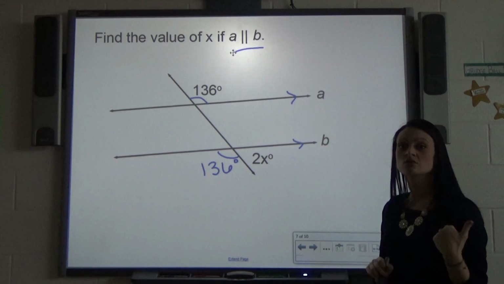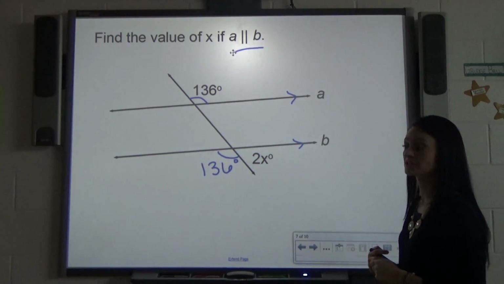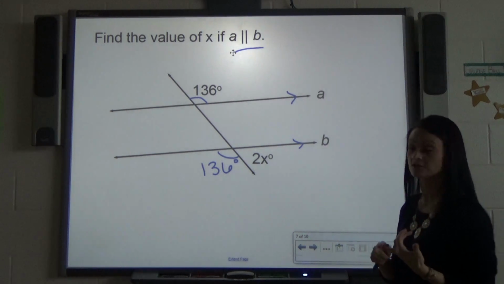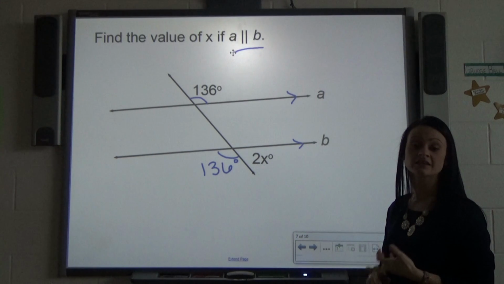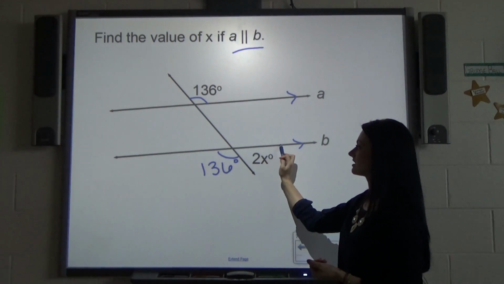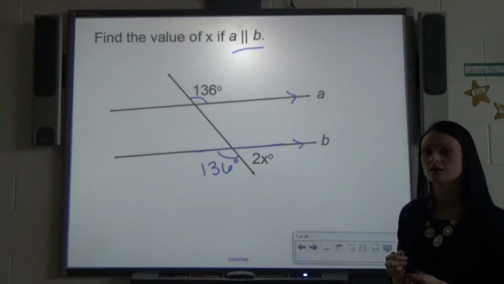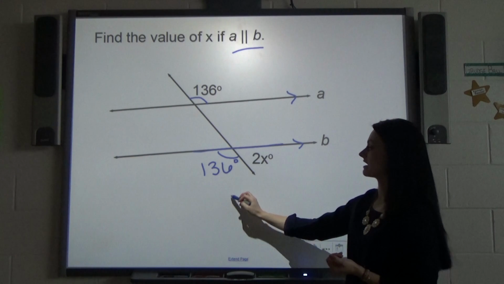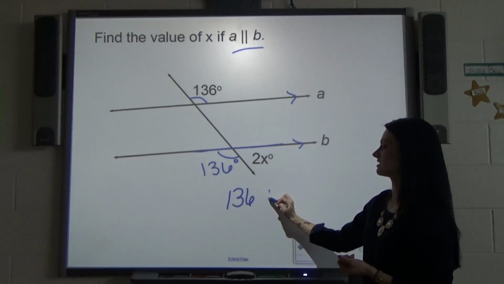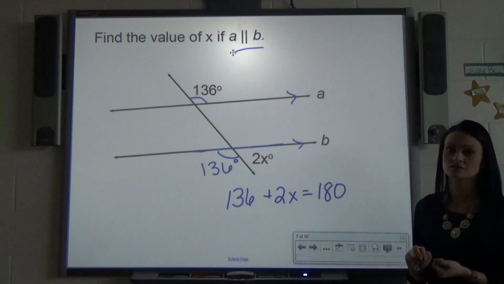Now if you use your knowledge from the lesson that we did yesterday with different types of angles, supplementary and complementary and linear pairs, you'll notice that these 2 angles are a linear pair. So I'm putting together what we did yesterday with these theorems, and now I can see that 136 plus 2x has to be equal to 180 degrees.